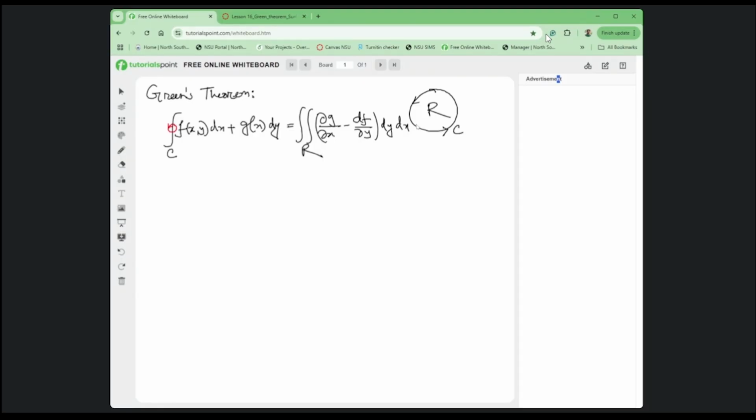And another thing is also important: this C should never be like this, it can never be like this. C should have no entanglement.